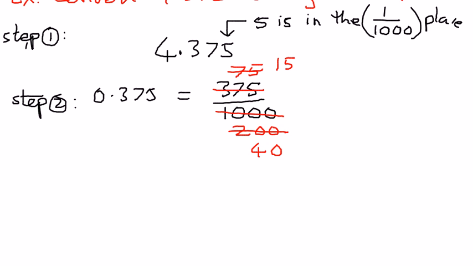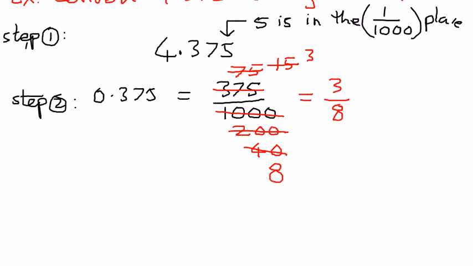Again, 15 and 40 are still multiples of 5, so we recall our 5 times table and then say 5 times 3 is 15 and 5 times 8 is 40. So we were able to reduce 375 over 1000 to its simplest form, equal to 3 over 8.